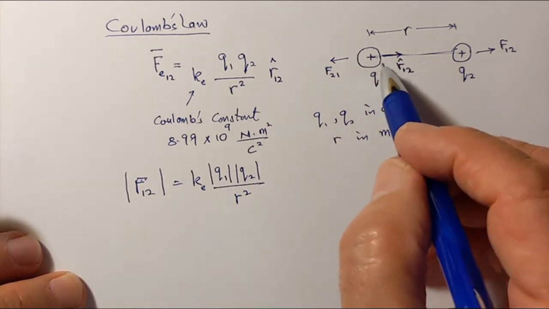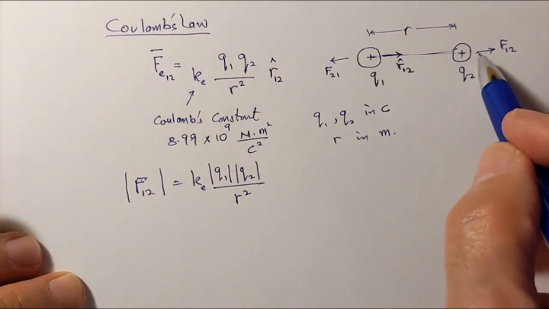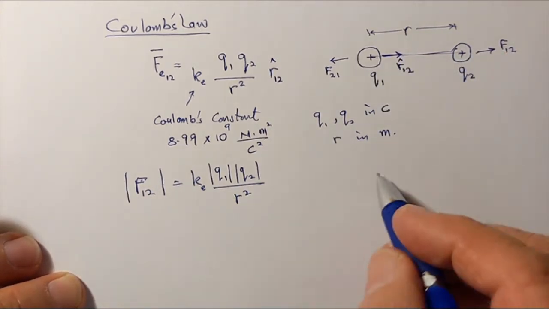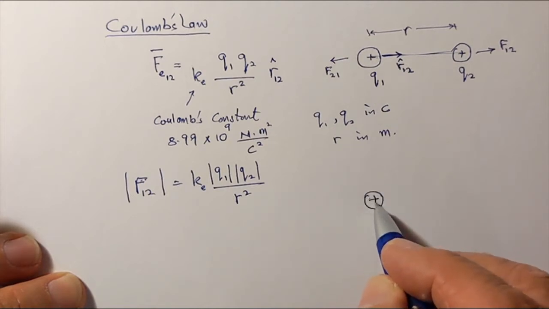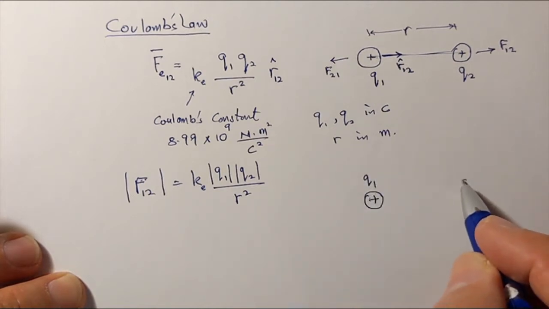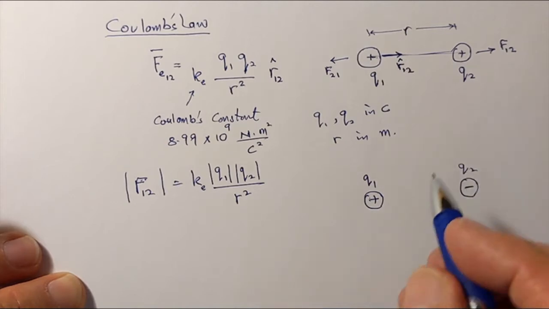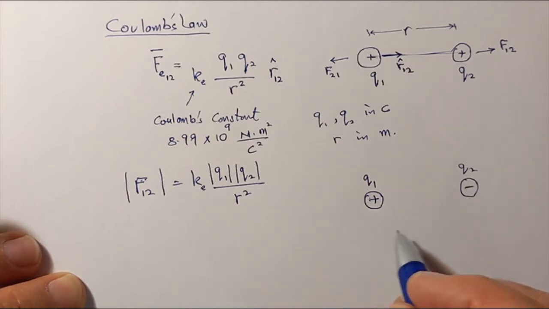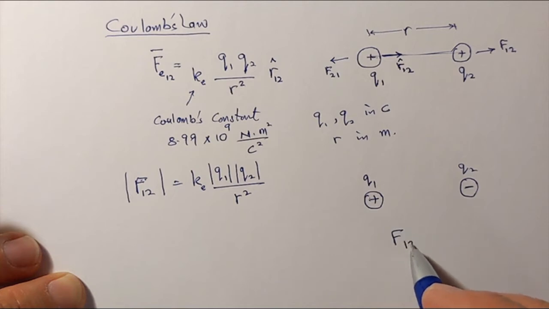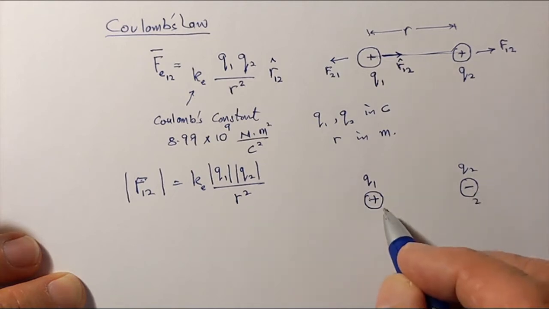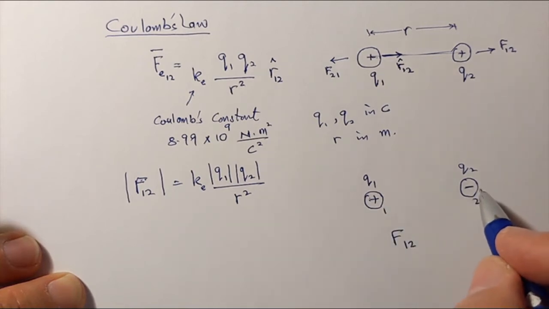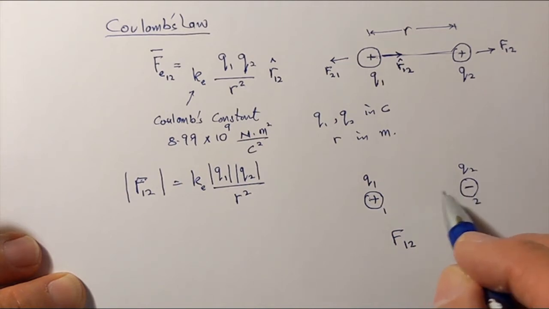Now, if this charge is positive and this is positive, the force is going to be to the right. But if Q1 is positive and Q2 is negative, and we want to find the force F12, that is the force on 2 due to 1, it is going to be a force this way or this way.